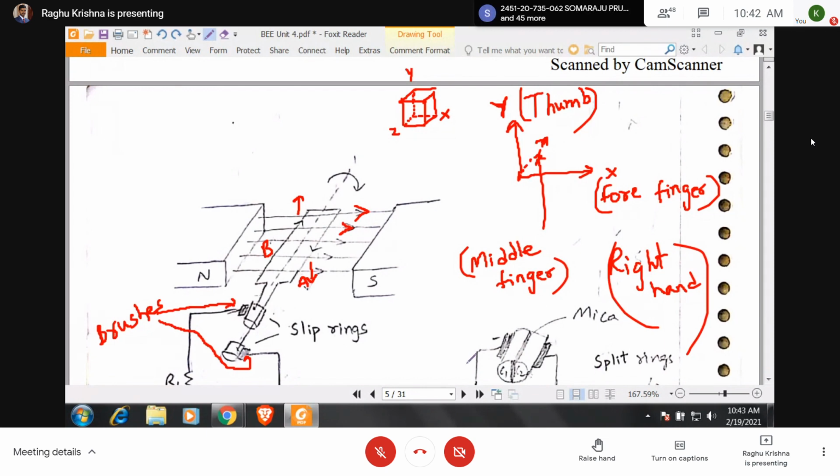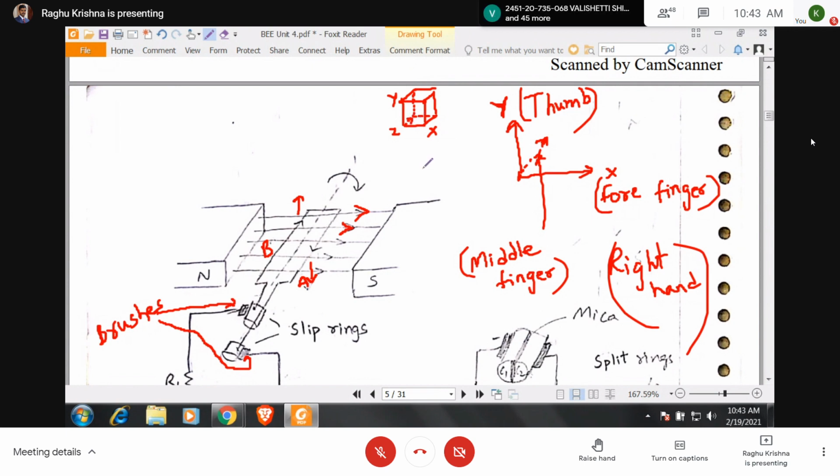So here, this is X and this is Y and this is Z. Z is inside. Okay.